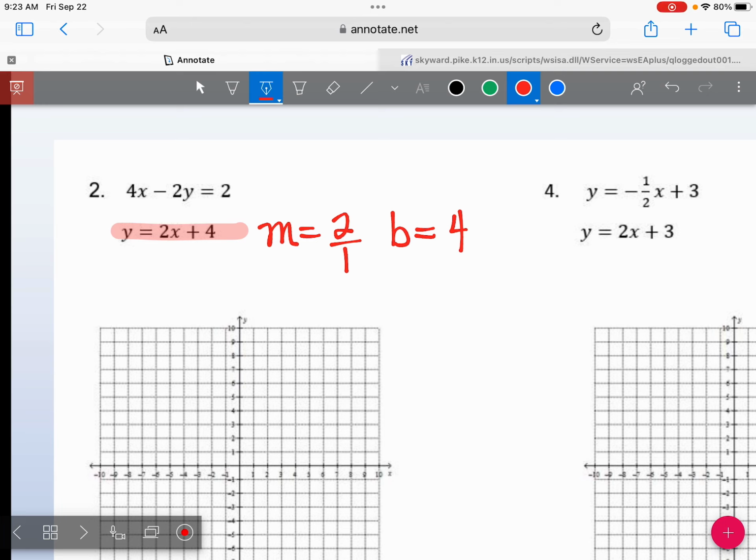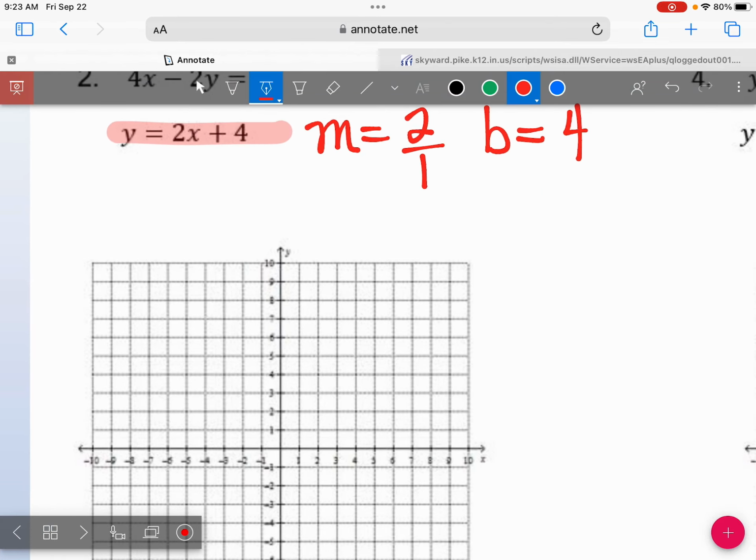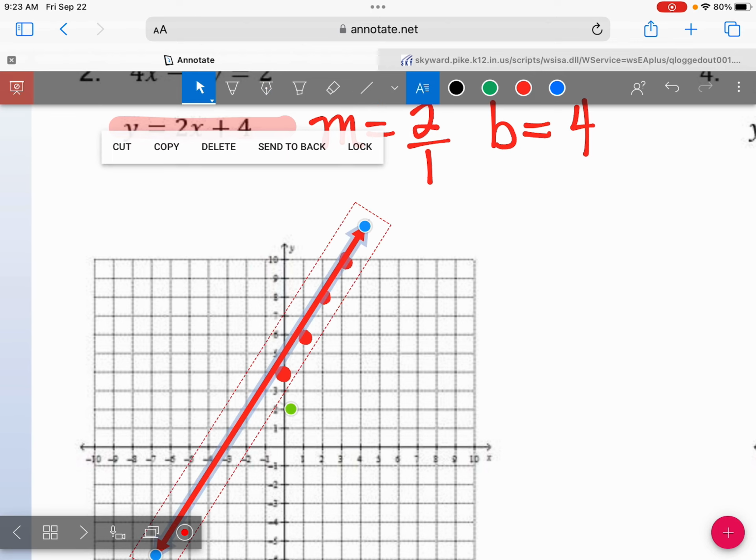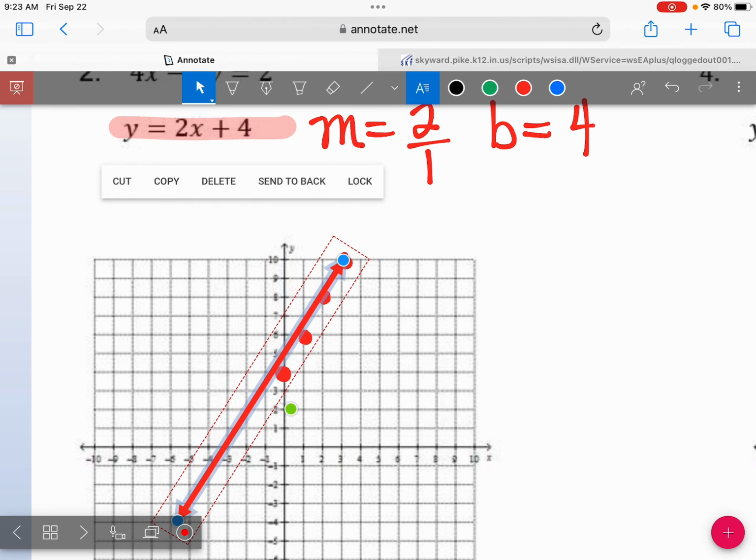Up 2, right 1. Wait, oh, that's too close.